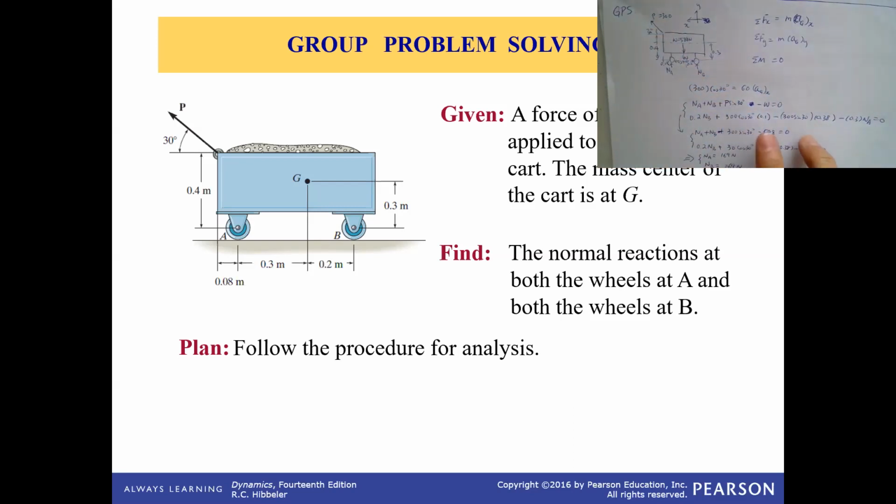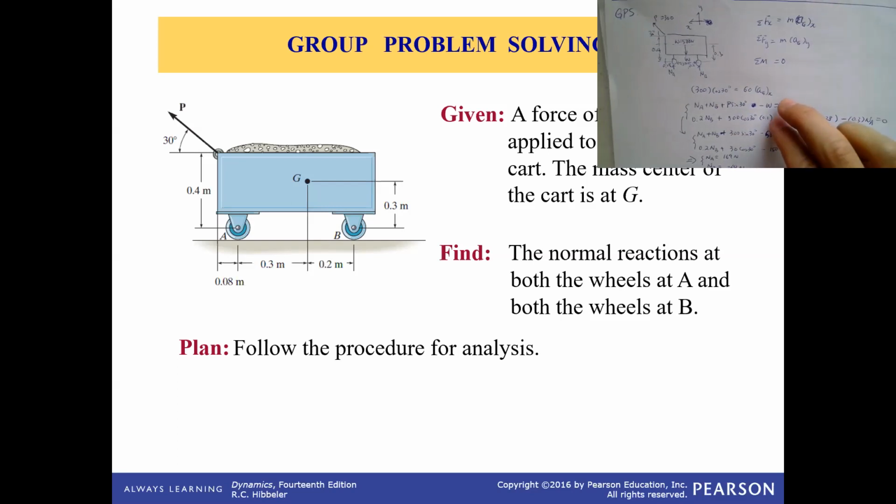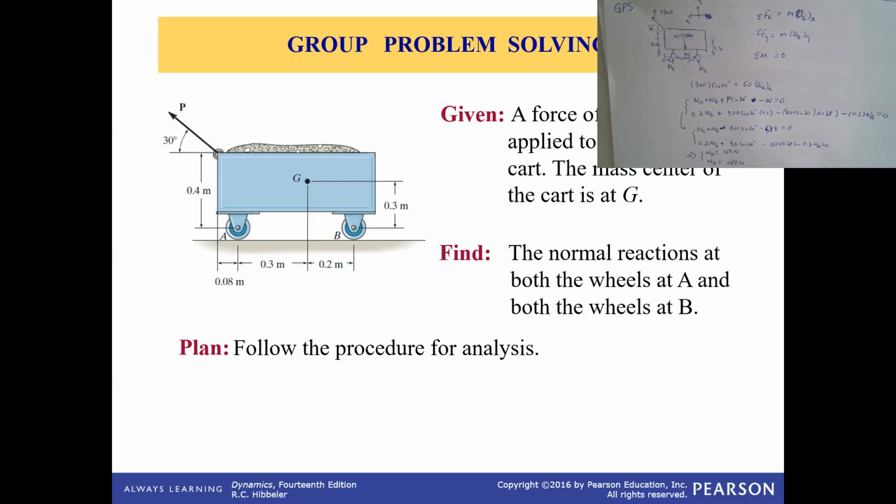Okay, so two positives, two negatives. Okay, then if you look at just equations 2 and 3, the last two, you can have two equations with NA and NB as unknowns. You can solve for them. Okay, so if I did this correctly, it turned out to be 169 and 69 for the two.